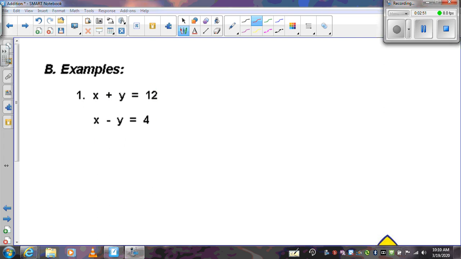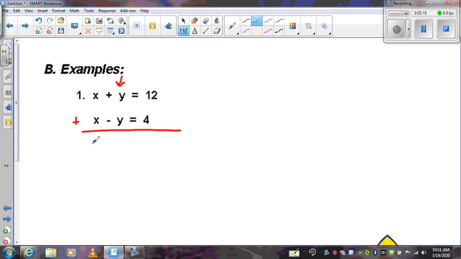So the next thing I want to check is if I have opposite coefficients for one of the variables. And I actually do. If you look at my y's, one is a positive 1y and the other one is a negative 1y. Those are opposites. Now, the reason we want opposites is because when you add a number and its opposite, you get 0. So let's start adding.